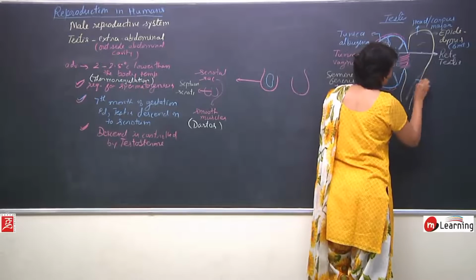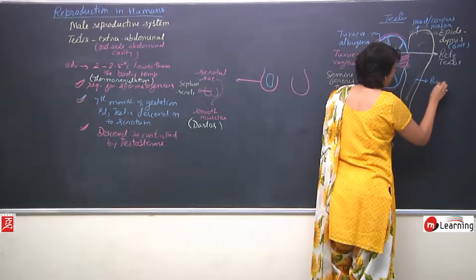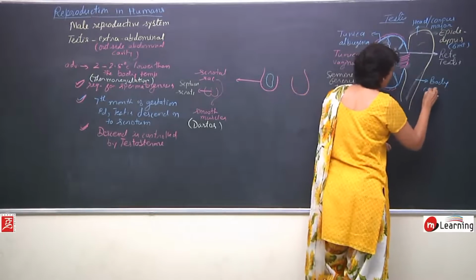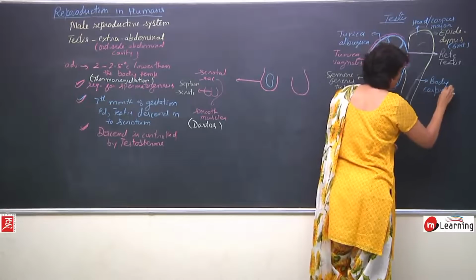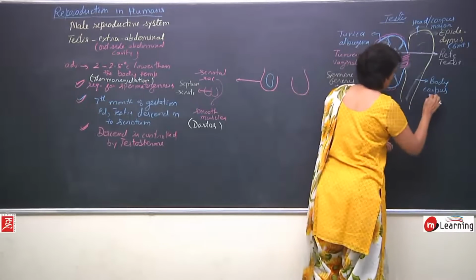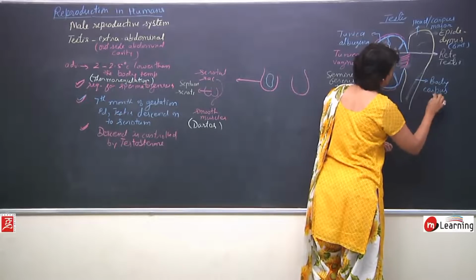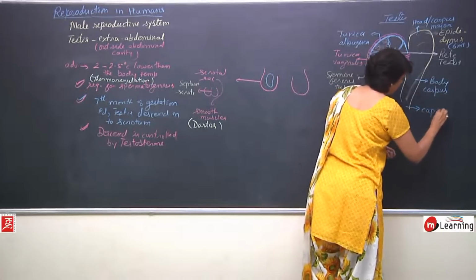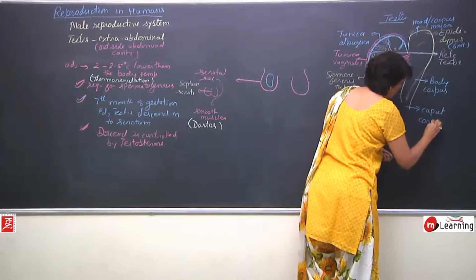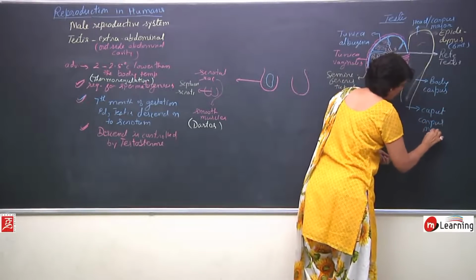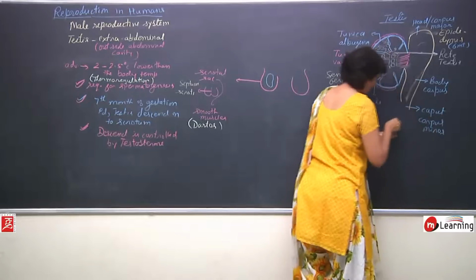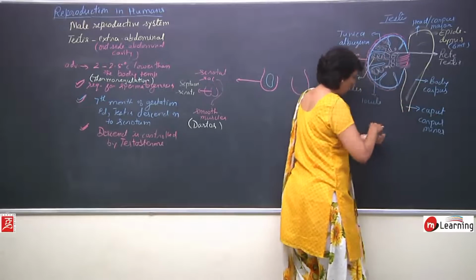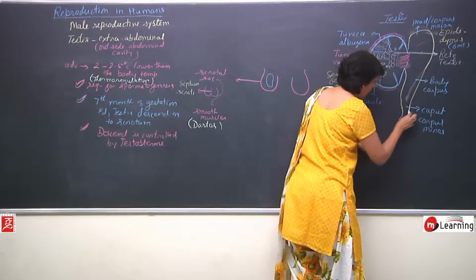The middle part is known as the body or corpus major. Okay, this lower part is known as caput or corpus minor, and here it becomes a narrow tube which will join the vas deferens.